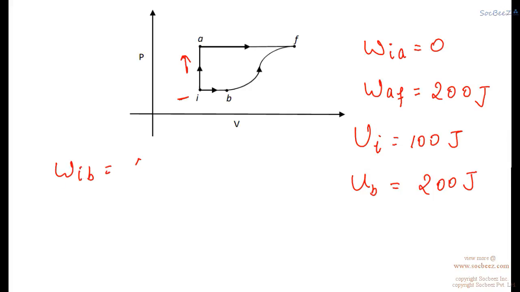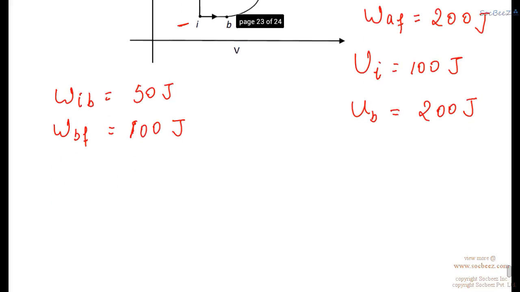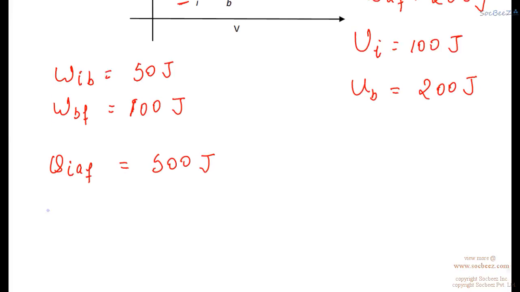Now WIB is given to us as 50 joule, WBF equals 100 joule, and QIAF is equal to 500 joule, which is given.